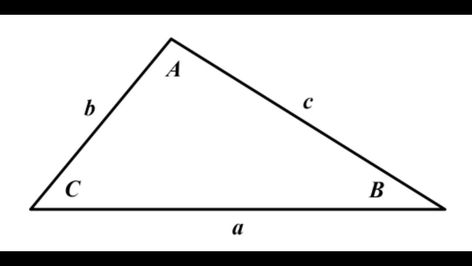Given this triangle, the sine of the angle A over the length of segment a is equal to the sine of angle B over the length of segment b, which is also equal to the sine of angle C over the length of segment c.